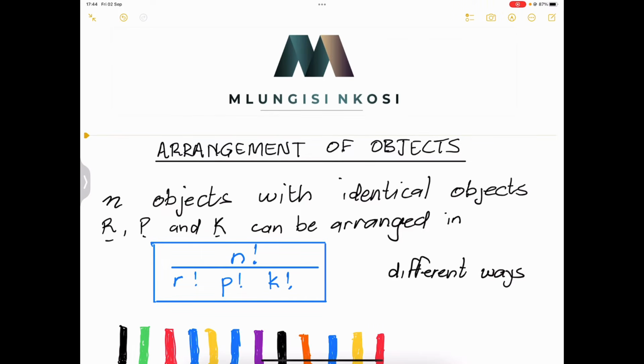This also works when you've got words, for instance. We'll talk about that a little bit later. So it means in this case you would have that number of different ways in which you can represent that. Now let's take an example.